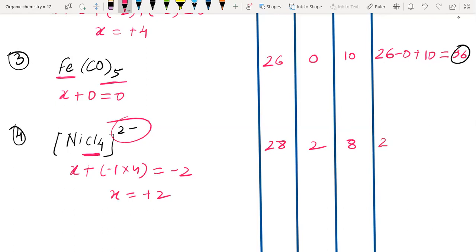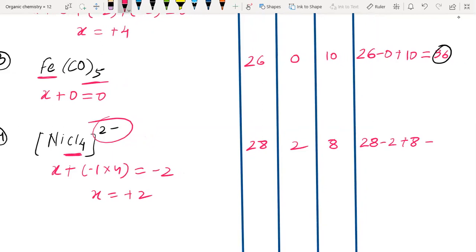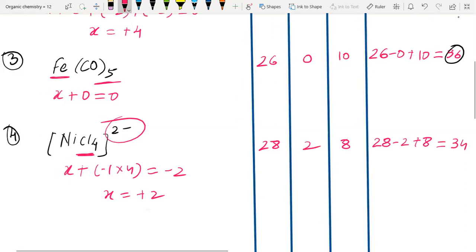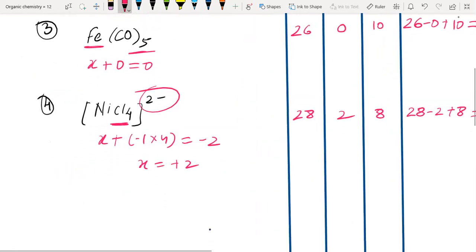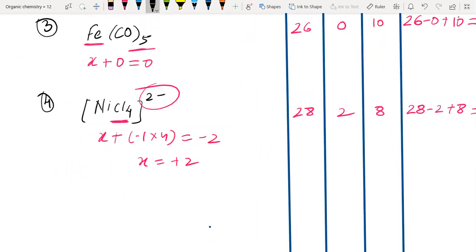So finally we can write 28 minus 2 plus 8, and here we get 34, which is less than 36. So this complex does not obey the EAN rule. Similarly, one more example we'll see, that is tetraaqua.